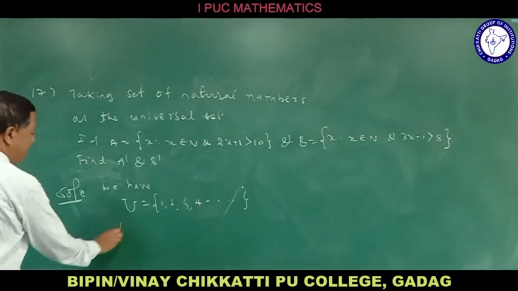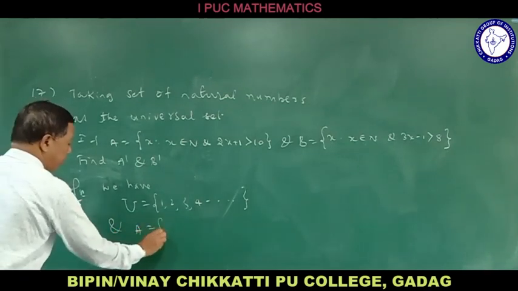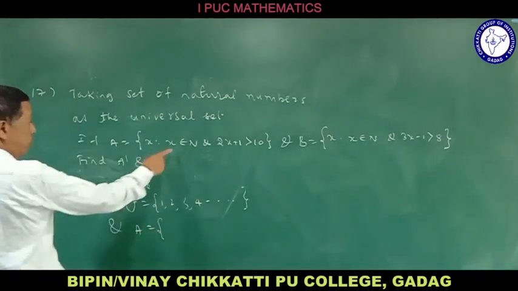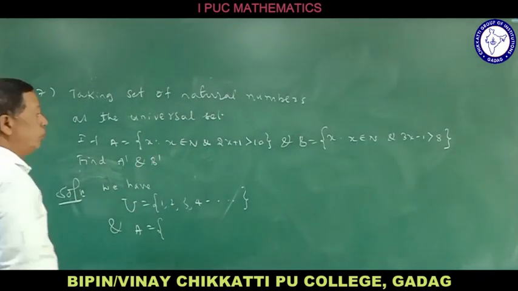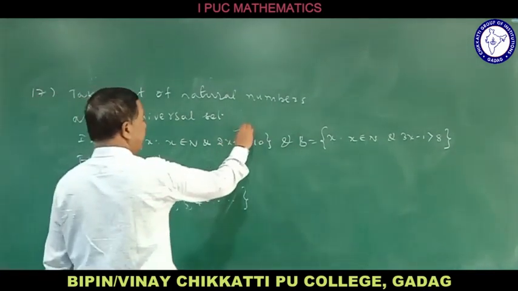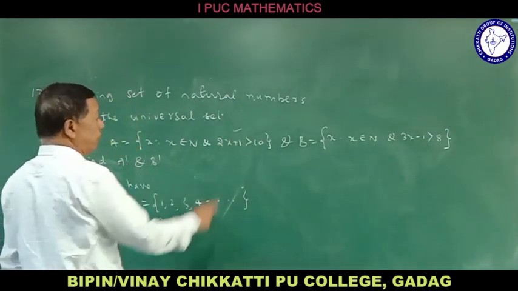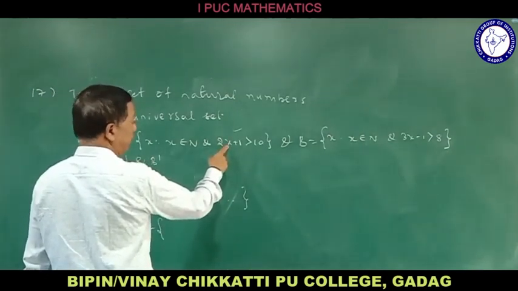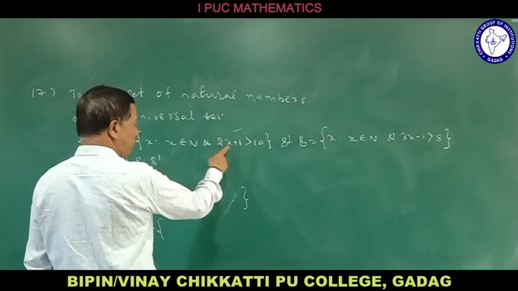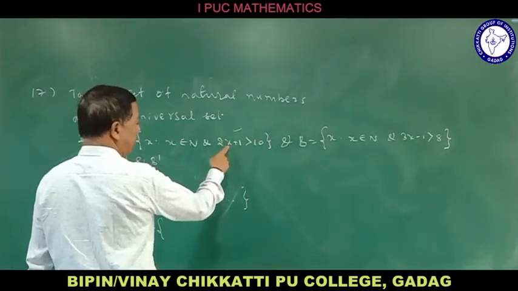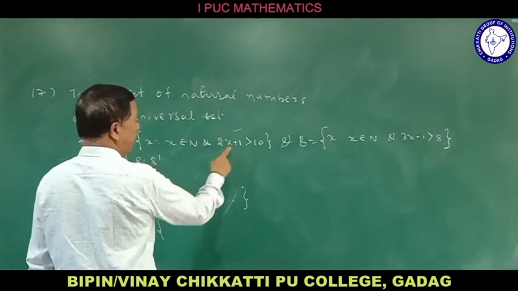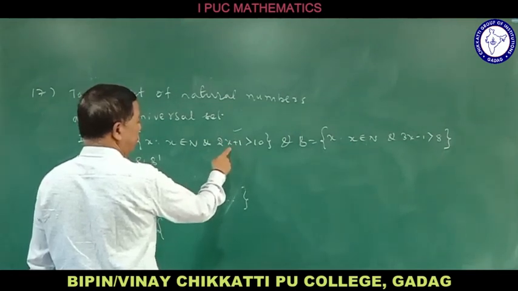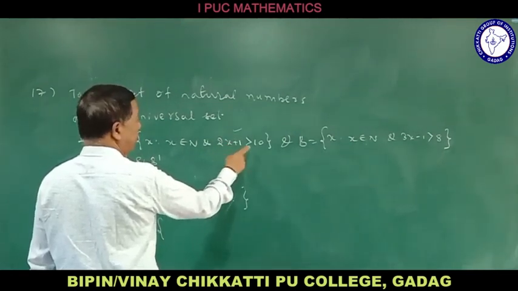And A is, look at this, A is those natural numbers which satisfy this inequality, and it should be greater than 10. Suppose if you say 1, it becomes 3, 2 it becomes 5, 3 it becomes 7, 4 it becomes 9, and 5 gives 11.